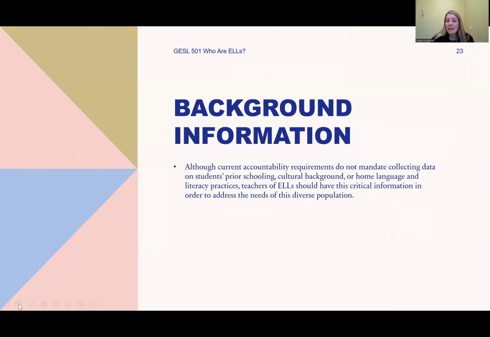Although it's not mandated for us to collect data based on the students' prior schooling, we as English teachers should have this information to address the needs of our diverse students. We really do need to know the students' home language, about their family, their cultural background, and that's going to be built by having relationships with our students, knowing them, knowing their stories, having them be comfortable with us as educators.